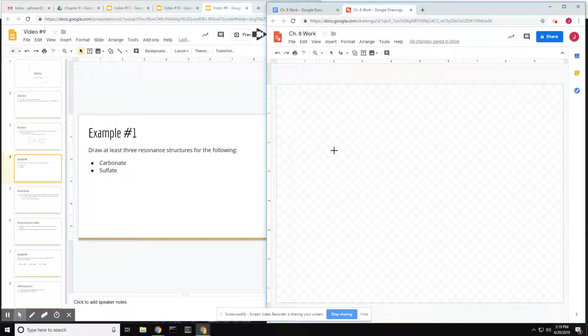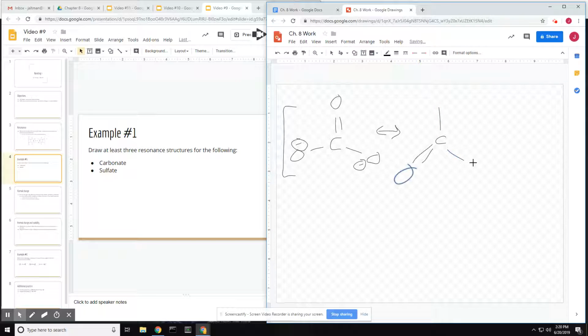All right, I'm going to ignore lone pairs for the most part. So this is CO3 2-. So you see the brackets I'm doing? Those are just commonly used when we're writing out resonance structures. So notice how I'm really just moving the double bond around.